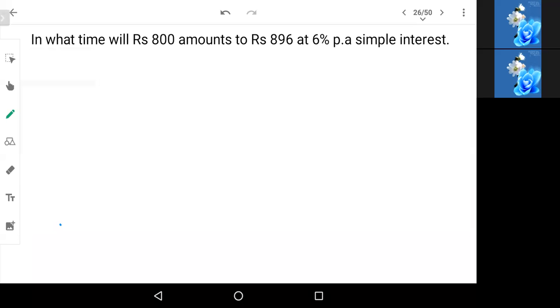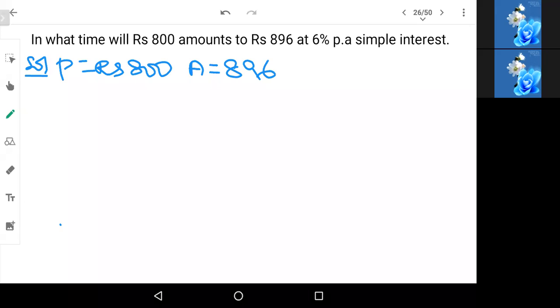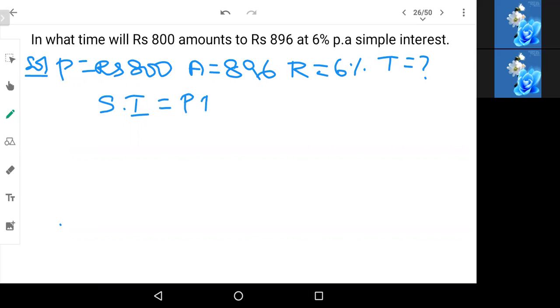So principal is rupees 800 and amount is 896. Rate of interest is 6%. We don't know what is the time. It is still a simple interest problem. So simple interest formula PTR by 100.